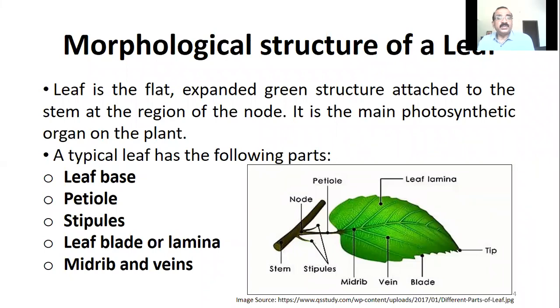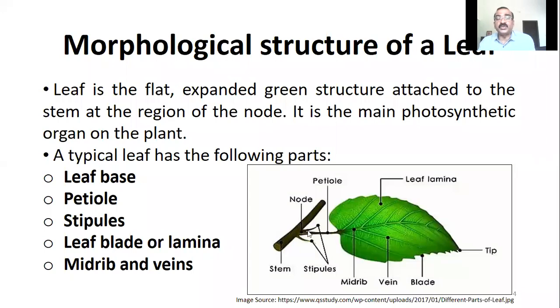Now coming to the structure of a leaf, it has important parts like petiole, leaf base, then lamina, leaf tip, veins, midrib, stipules, etc. Now this lamina is the green flat part, petiole is the stalk of the leaf, and the stipules are the appendages at the base where the petiole is attached to the stem.